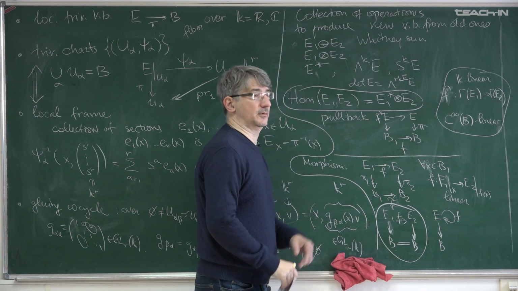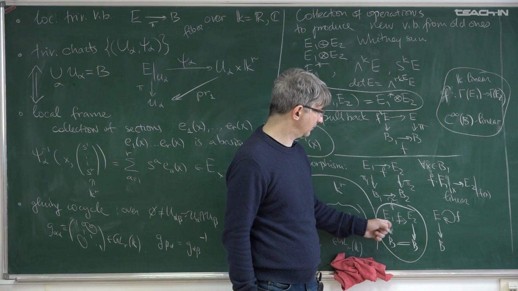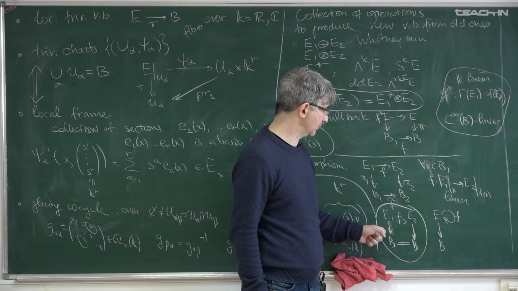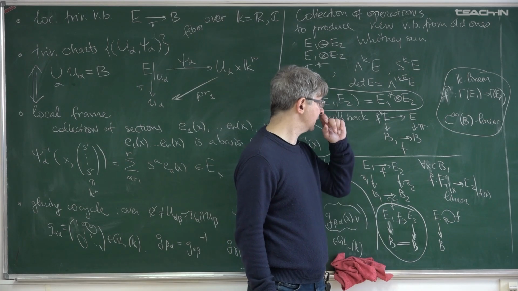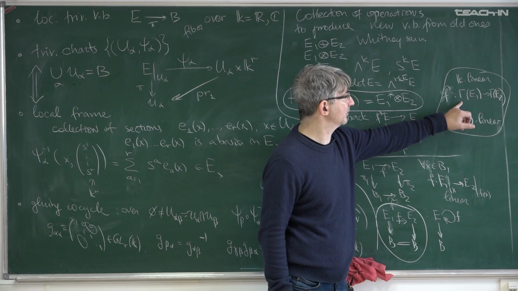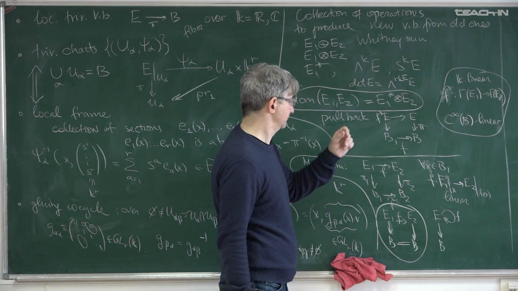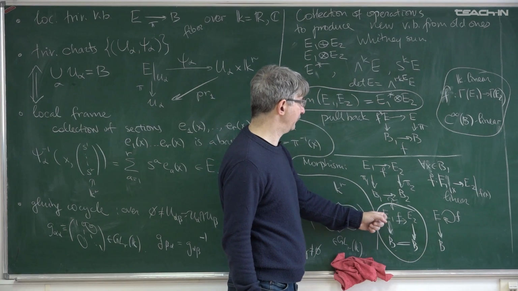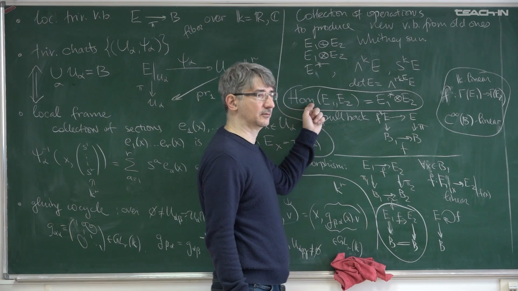So I hope we proved that the collection of morphisms from one vector bundle to another over the same base with identity on the base is the same as C infinity B linear maps from these sections to those sections. And such morphisms are in one-to-one correspondence with sections of this vector bundle.